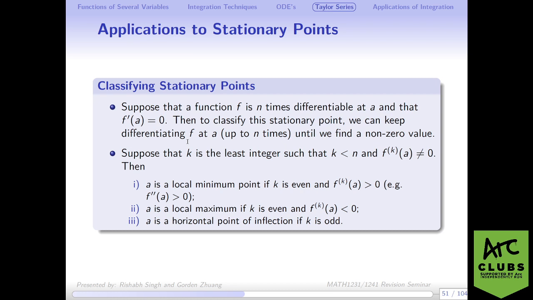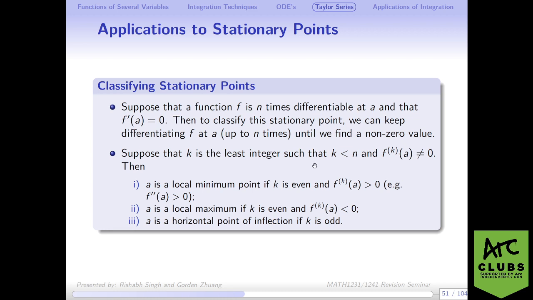So when we have a stationary point, we can find what type it is by using further derivatives. You might have learnt in high school, or maybe not, that we can use a second derivative, and that will determine whether it's concave up or concave down. So this is just a more general case.